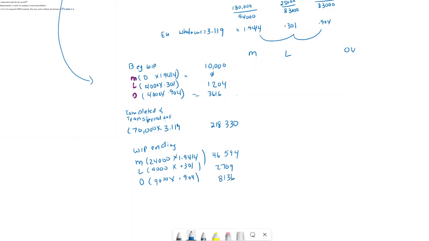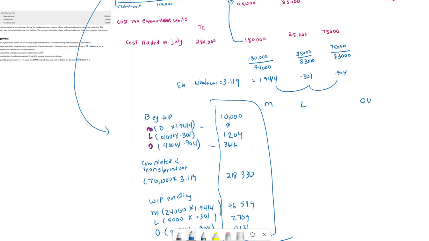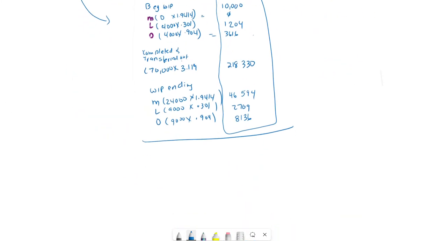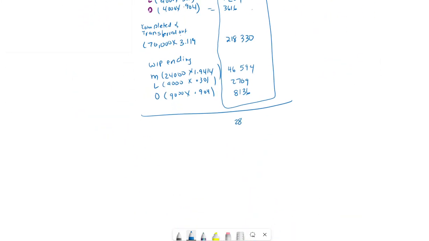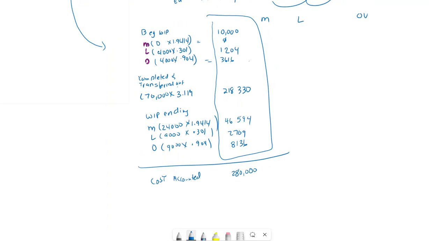If I add all the numbers together now, these are the costs during the period. It should come up with the cost that we are reconciling, 280,000. The cost that I reconcile, or cost that we accounted for, whatever word you want to use. I needed to double check it, because I don't have an answer.